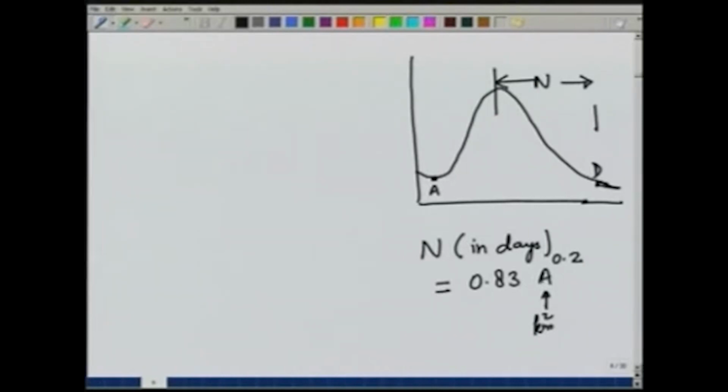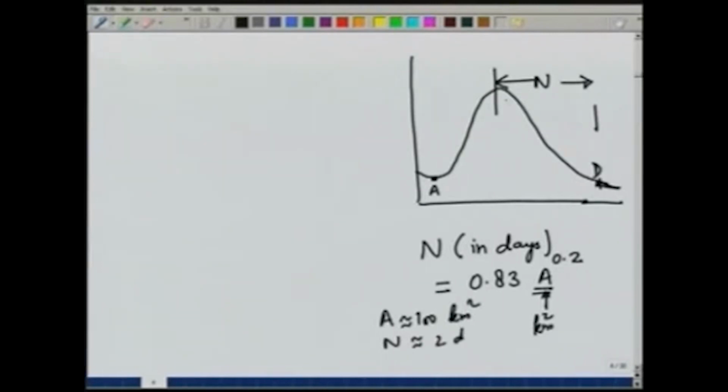So, if we know the catchment area, which of course we know all the time, we can estimate the distance between the end of direct runoff from the peak of the hydrograph n. For example, if area is about 100 kilometer square, then n would come out to be about 2 days.